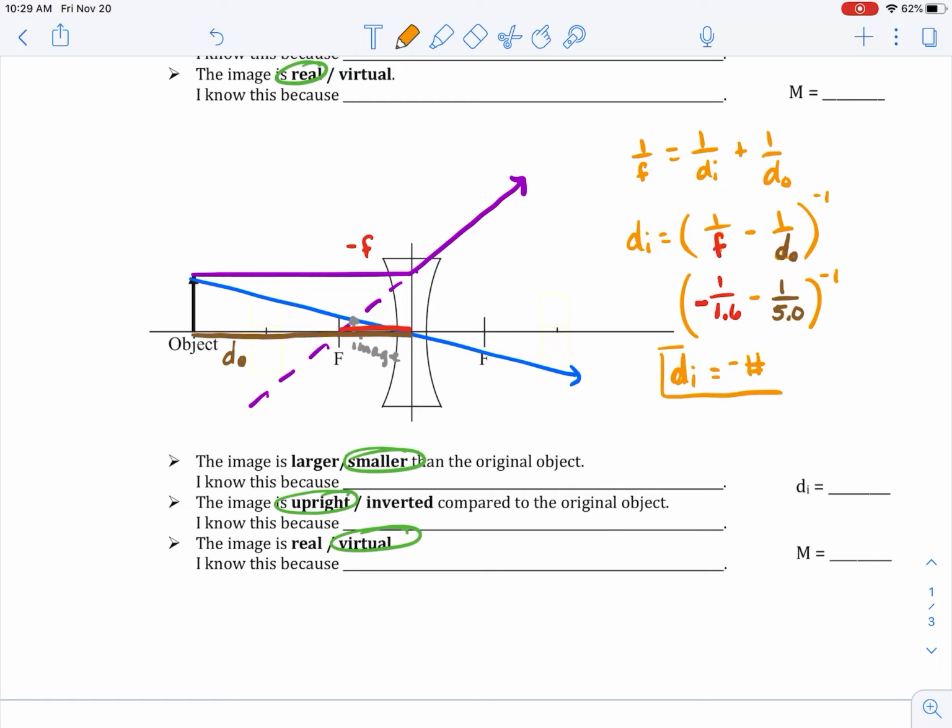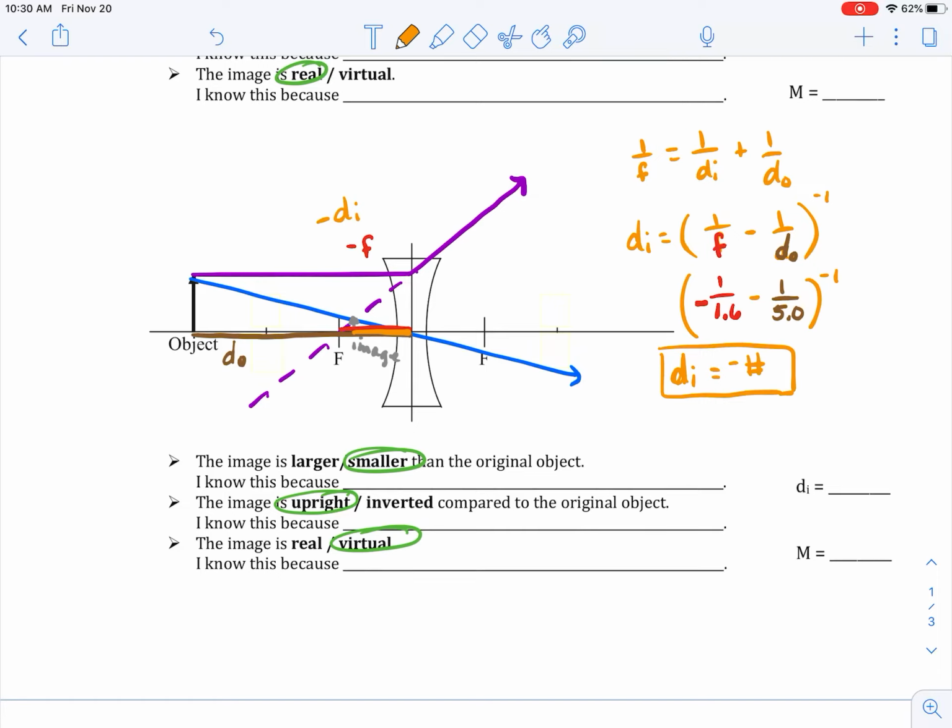So my DI, in this case, is going to come out to be some sort of negative number. When you grab your calculator and punch that in, that's what you get. Now, if we look at my drawing, look at my ray diagram, and sorry my lines are overlapping here, it's getting crowded, but my object was here, so this is the length that I would measure for my DI, and that is also on the negative side for my ray diagram.